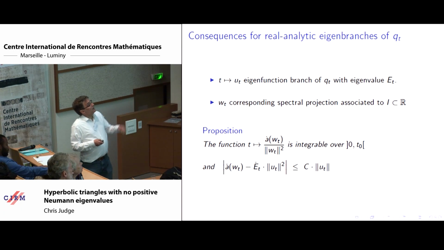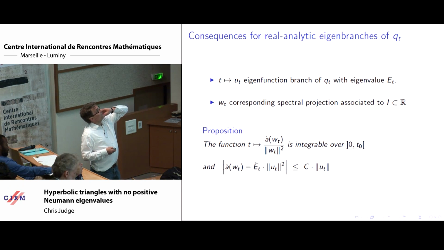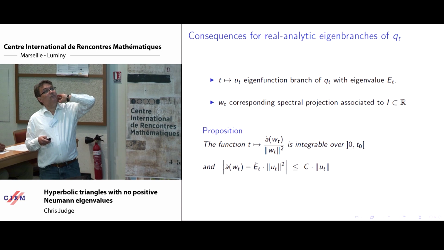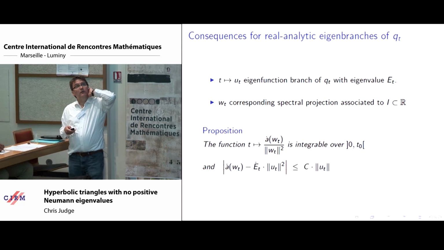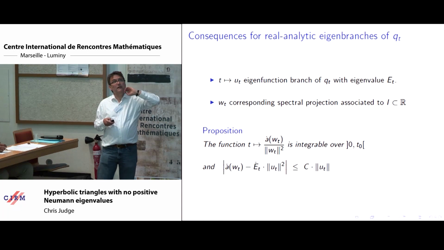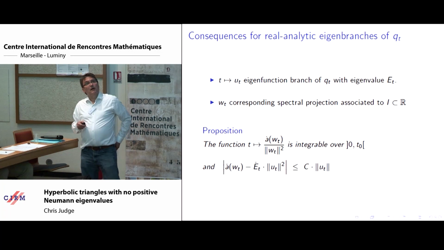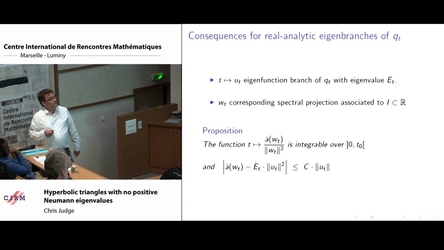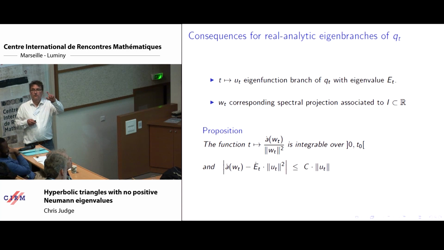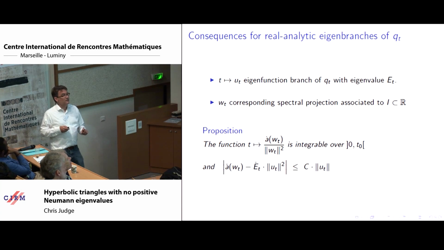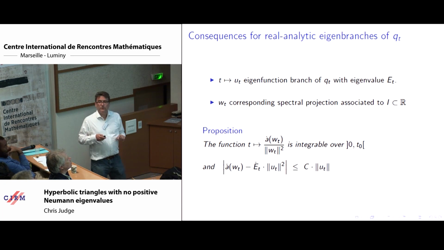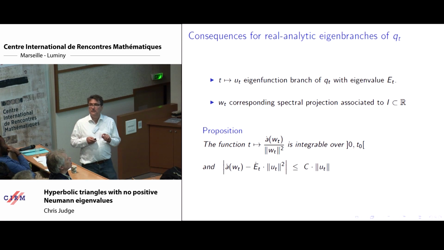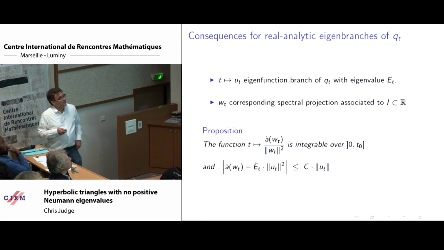Okay, so here's one consequence for real eigenbranches of QT. So we're going to take t goes to UT, an eigenfunction branch with eigenvalue branch ET. And we're going to fix an interval I. I is going to be fixed. And we're going to project onto the AT eigenmodes.